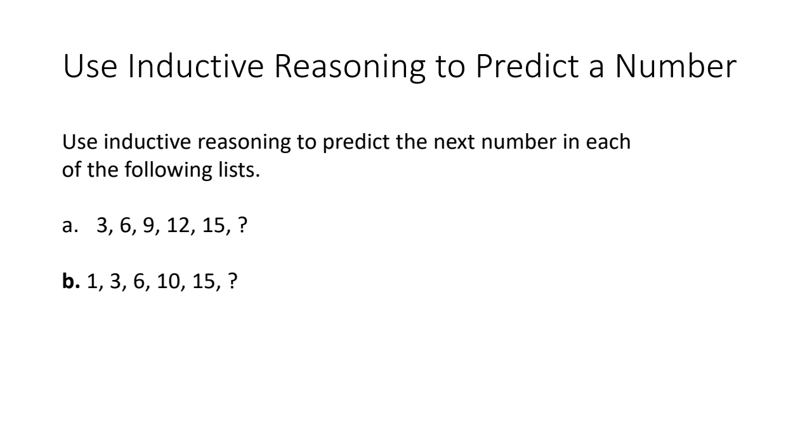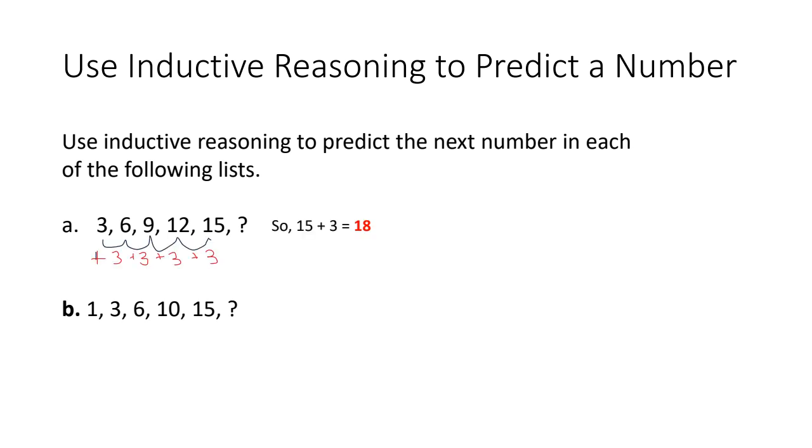A more specific problem says, use inductive reasoning to predict the next number in each of the following lists. So for A, if you analyze the list of numbers, it starts with 3, and then the next one is 6, the next one is 9, 12, 15.